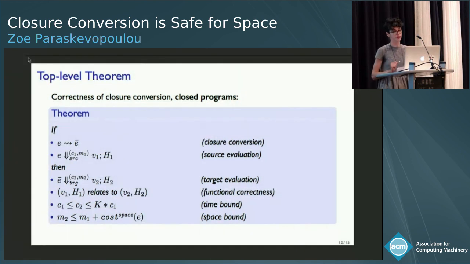In addition, we know that the time cost of the target will be upper bounded by some constant factor times the time bound of the source, and that the consumed space of the target will be upper bounded by the consumed space of the source, plus some function which is linear in the size of the input program, and intuitively keeps track of the maximum amount of space that the two heaps can diverge.